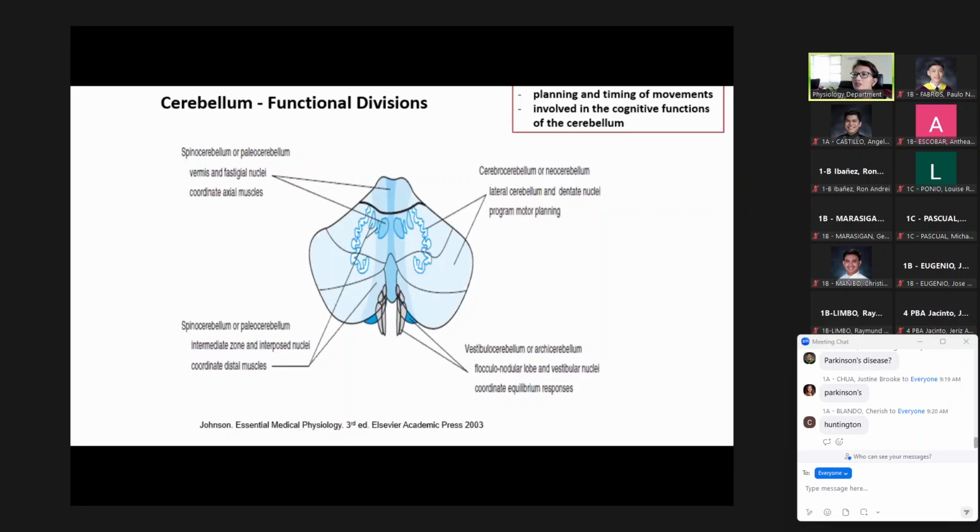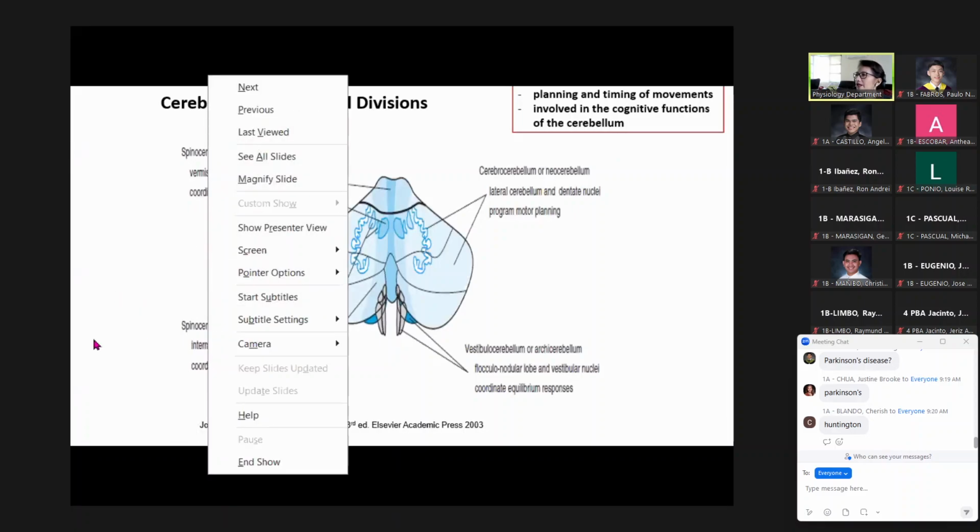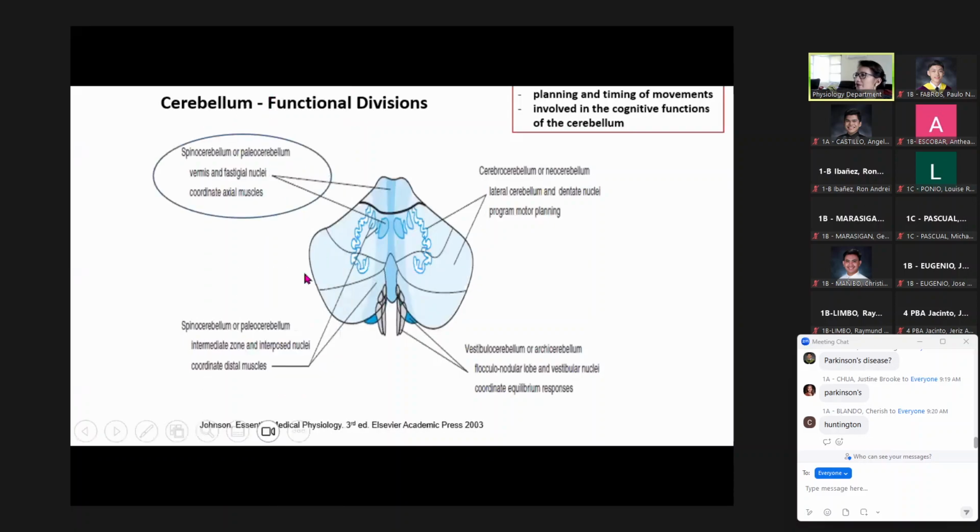Usually when we talk about cerebellum, ang lagi nating sagot will be, it has something to do with coordination. Yes, correct. But it also has something to do with cognitive functions. And then, next, ano bang next natin? Okay, ito na yung spinocerebellum.